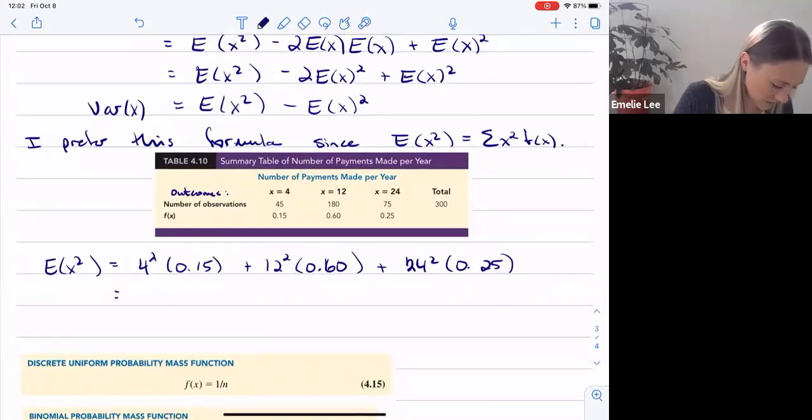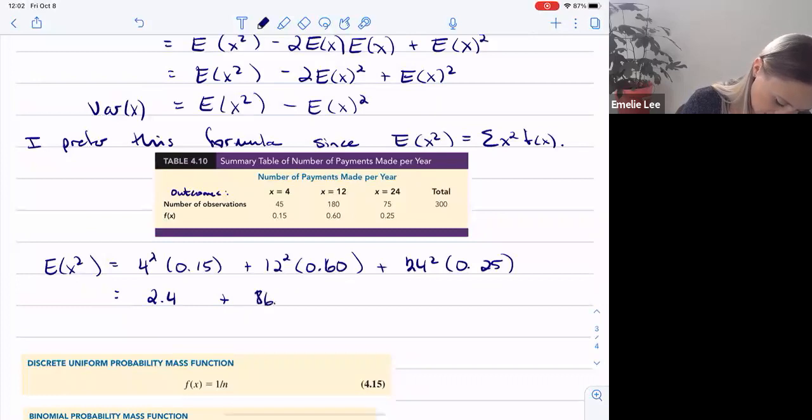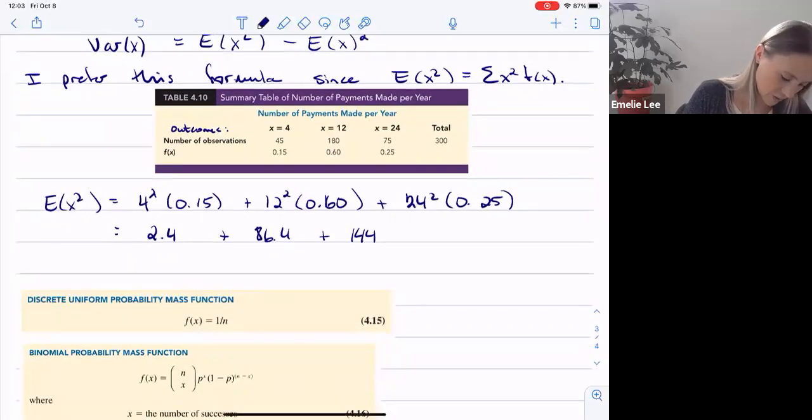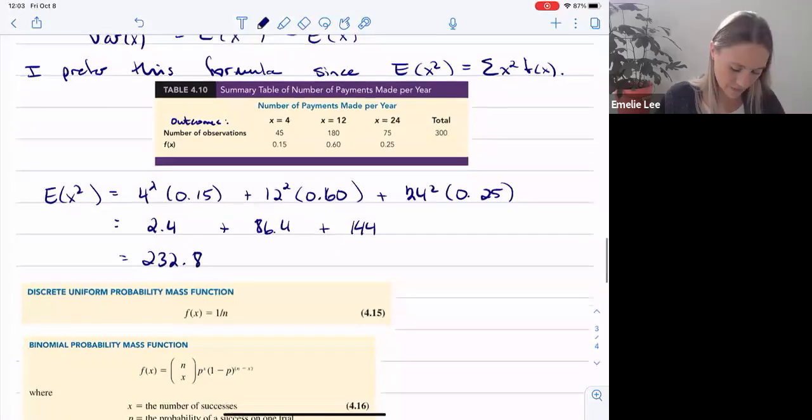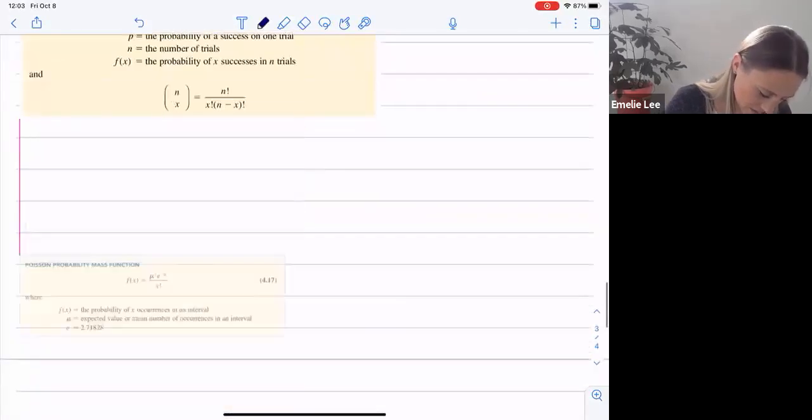So 4 squared, well, that's 16 times 0.15 is 2.4 plus 12 squared is 144 times 0.6 puts me at 86.4 plus 24 squared is going to be pretty big. 576 times 0.25 is 144, of course. Okay. Plus 86.4 plus 2.4. So if I add those up, I end up at 232.8.